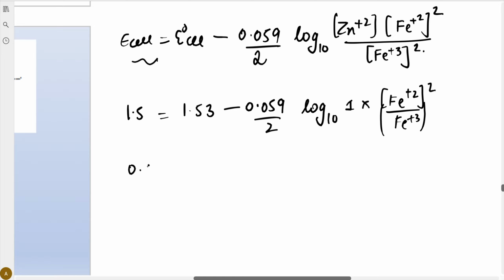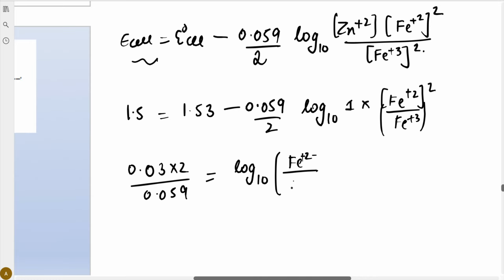This one will come 0.03 into 2 divided by 0.059, log with the base 10 of Fe2 positive concentration divided by Fe3 positive concentration, power 2.